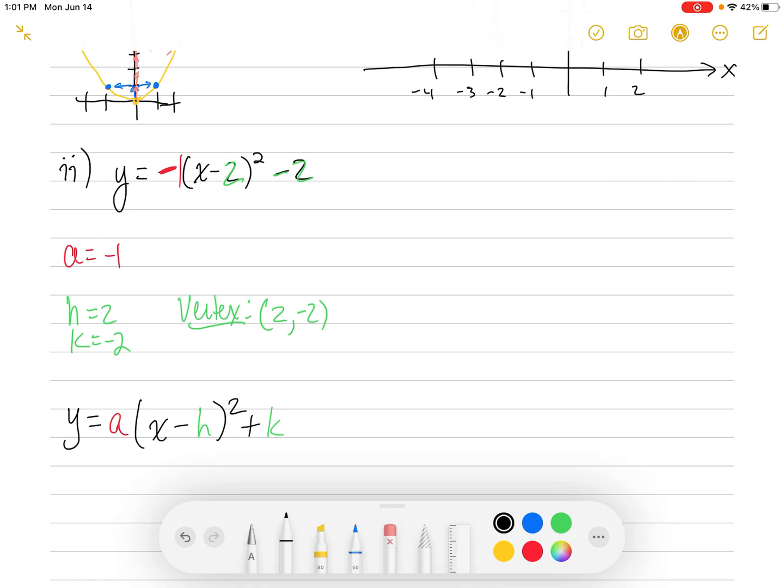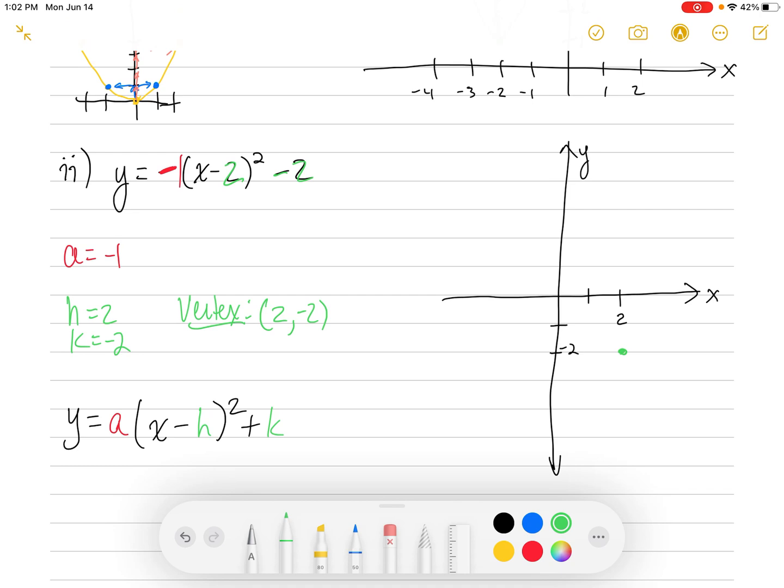Okay, so the quick way of graphing this without going through all the transformations is to first begin with the vertex, 2, negative 2.